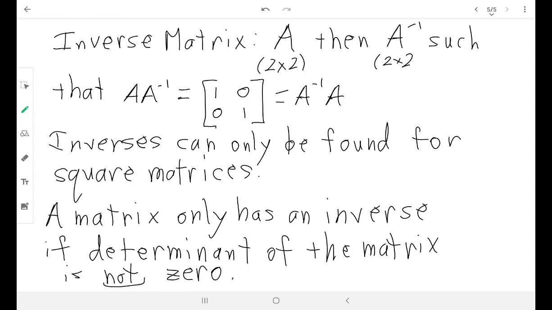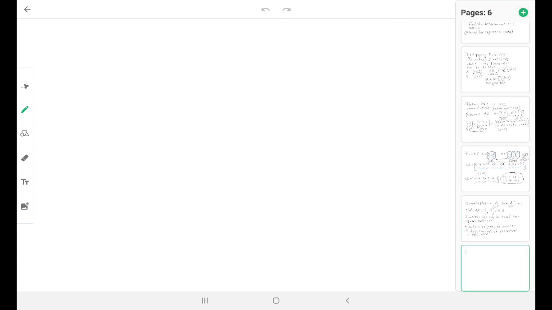So then we have to talk about how to find the determinant. Okay, and again, we're only going to talk about this for 2 by 2 matrices. We're not going to bother with larger ones because as they get larger, they get a lot more complicated.